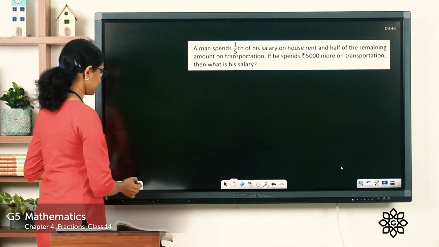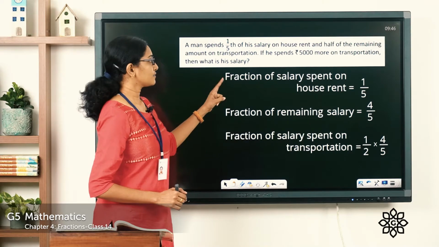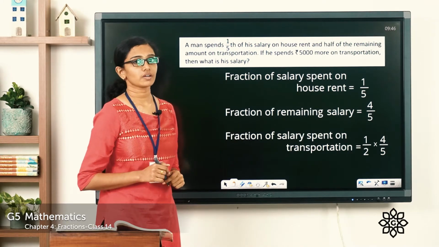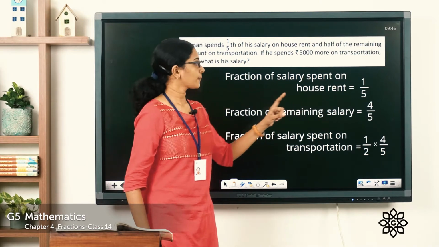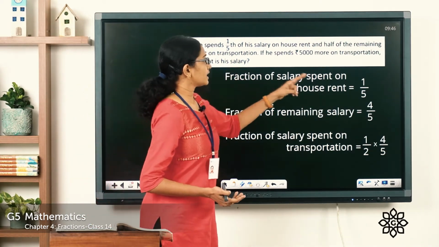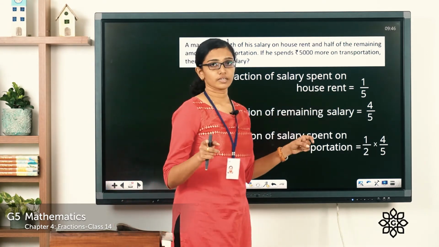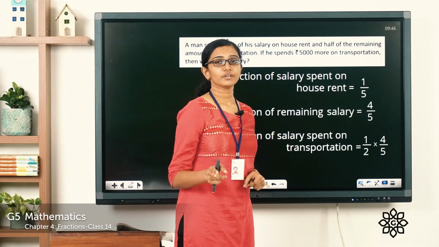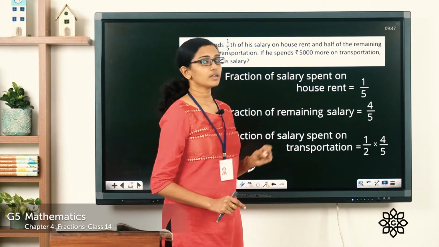So let's see the steps. See, from the question we can write the fraction of salary spent on house rent is equal to what? 1/5 that we have here, and the fraction of remaining salary. See, if it is said 1 by 5, it means the total salary amount was divided into 5 equal parts and one part of it is spent on house rent.